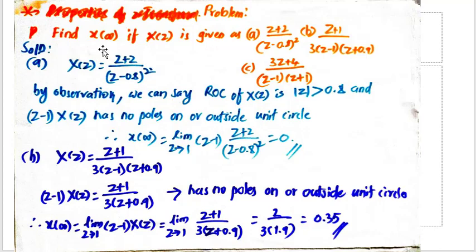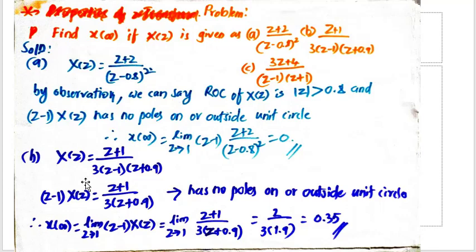So we will do this z minus 1 times X of z, which has no poles on or outside the unit circle, because your ROC is outside 0.8. The unit circle requires greater than 1, but it is greater than 0.8. So the final value x of infinity for this one will be 0.